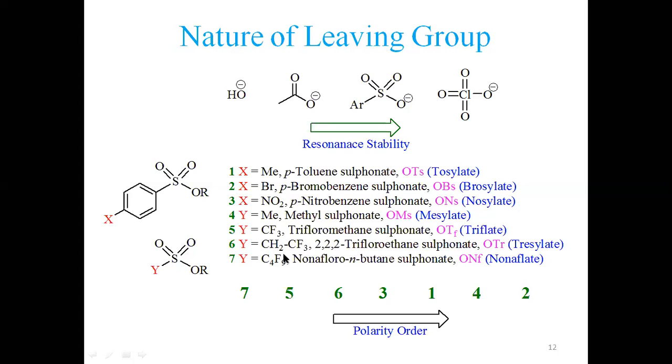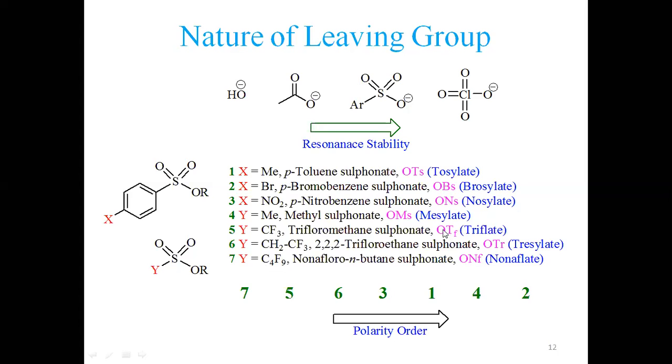If we have a butyl group with all hydrogens replaced by fluorine, this is called nonafluorobutane sulfonate, represented with ONf, and this is called nonaflate.